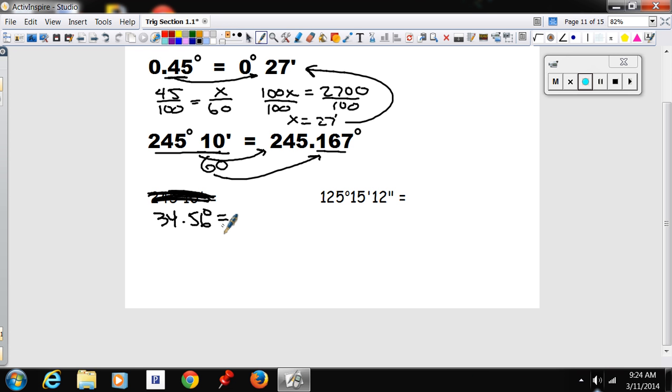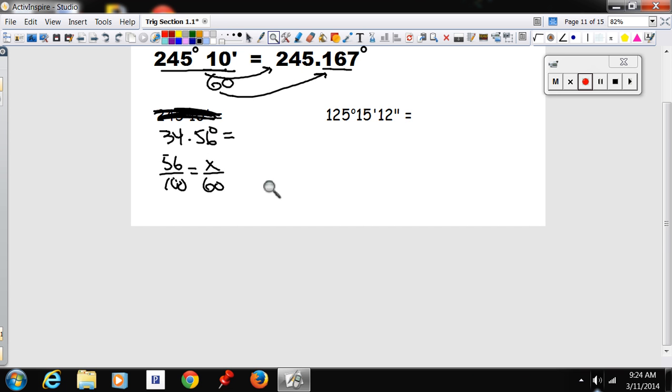Okay, so what's 0.56? What is this as a fraction? 56 hundredths. I want to know what that's going to be out of 60. What is 56 hundredths going to be out of 60? Okay, so let's get 100x equals, and then 56 times 60 is 800.